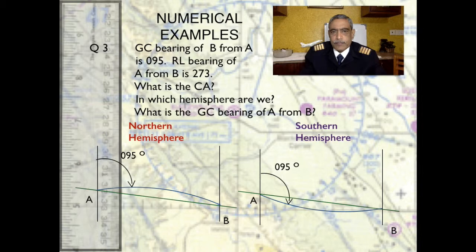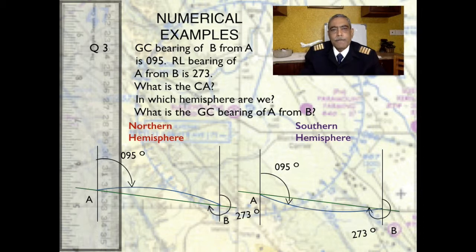Now we know that the Rhumb line bearing of A from B is 273 degrees. Again I have shown the angular difference between the meridian and the straight track at B, in both the diagrams. I have shown it as 273 degrees.